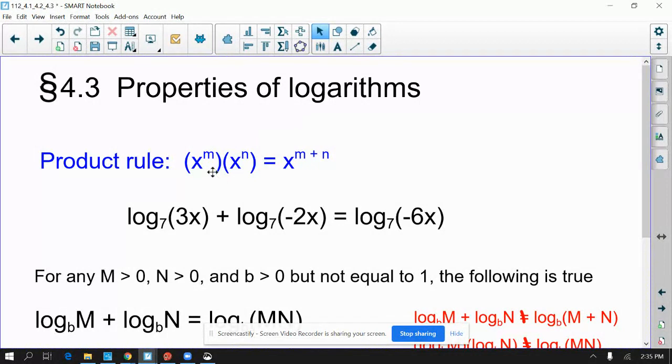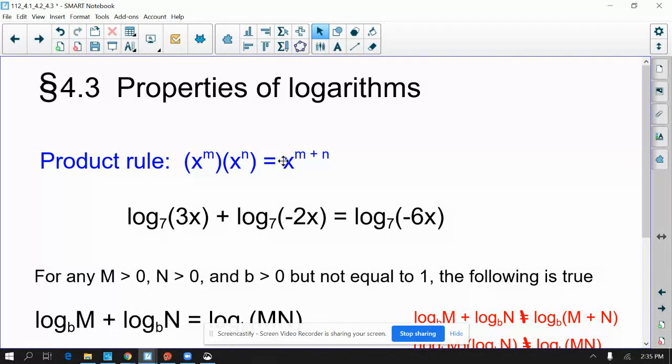You remember from exponents, if you multiply two powers that have the same base, then you just add the exponents. We looked at that a little bit. Logarithms are really exponents because logarithms produce the exponent that would go on the base that gets you to the power.